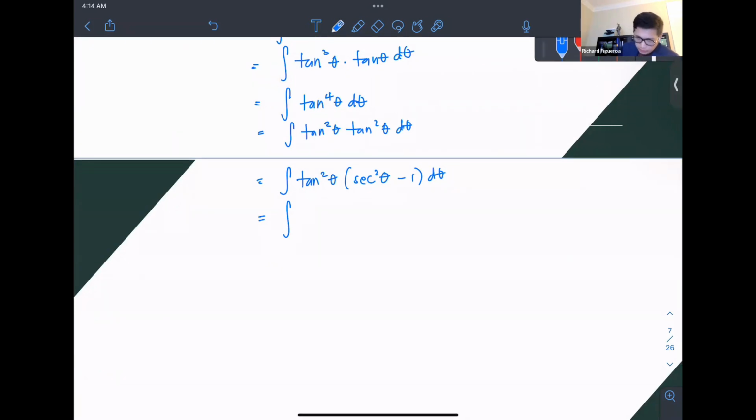We distribute: tangent squared theta secant squared theta minus tangent squared theta, everything multiplied with d theta. The first one can be integrated already, since the integral of tangent is secant squared, so we can use the power rule there.